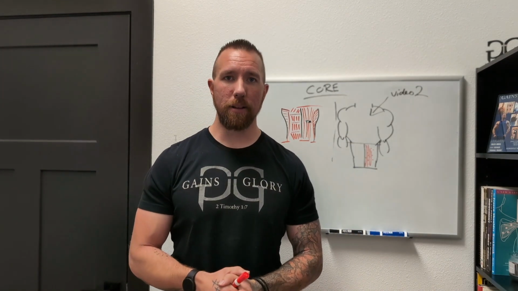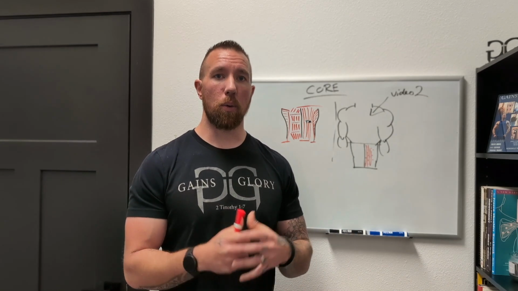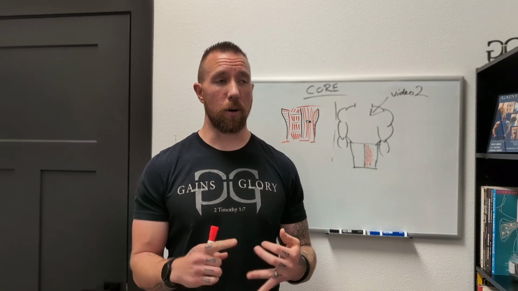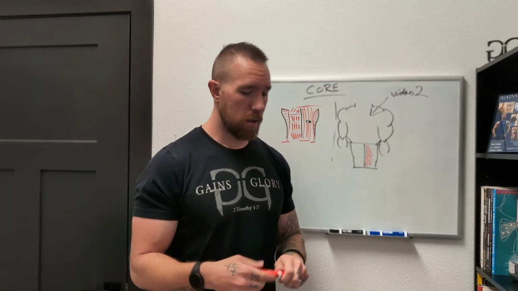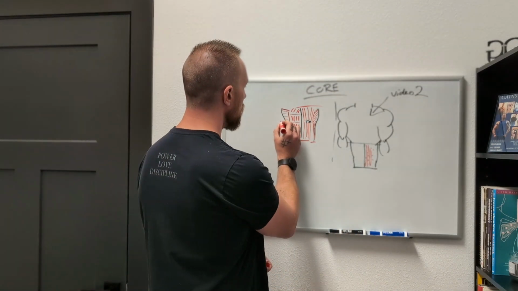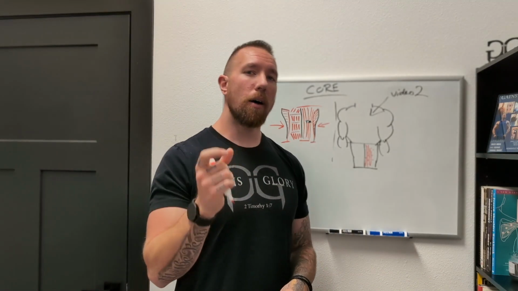A couple of benefits of training the transverse abdominis properly is, once again, stability for the spine, lower intestines, and a better, greater connection between your upper and lower body. But it also can shrink our waistline a fraction.